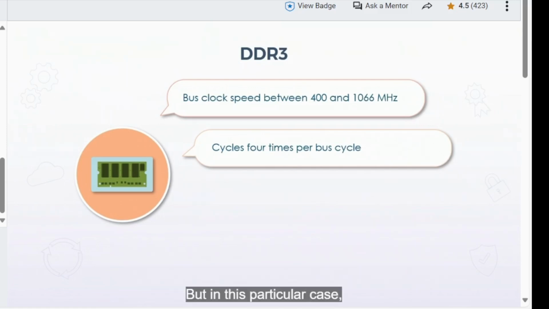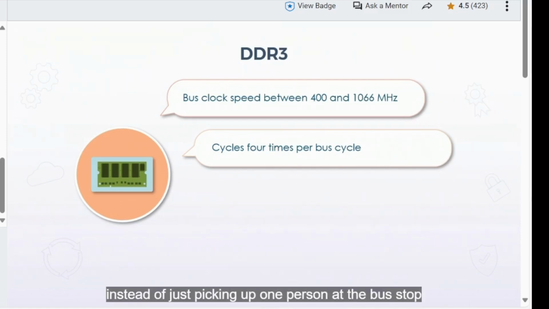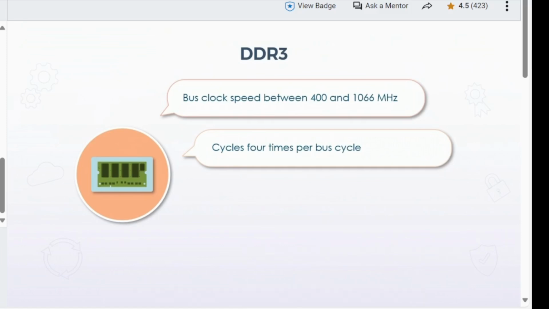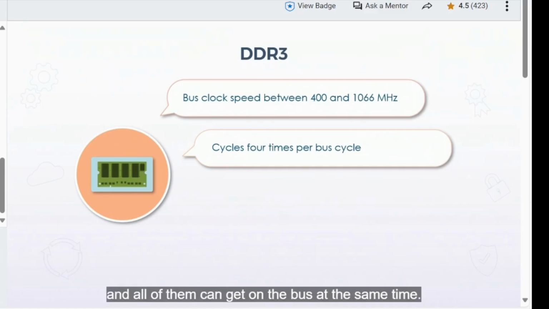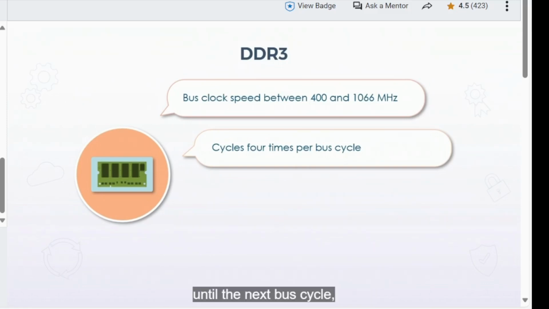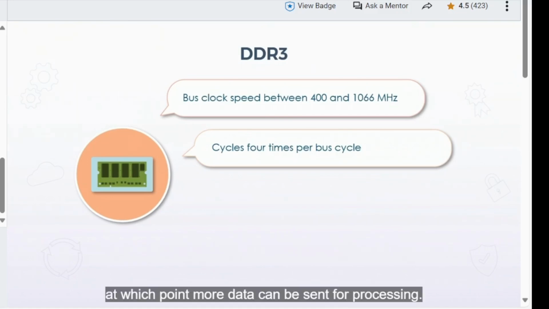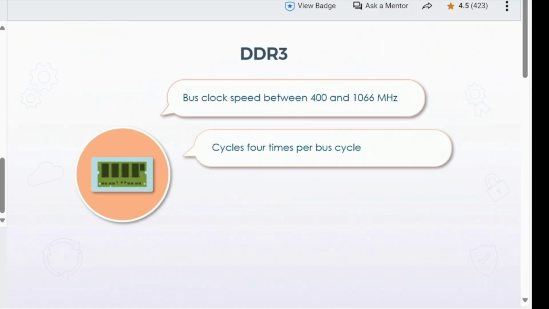But in this particular case, instead of just picking up one person at the bus stop, 4 people have gathered, and all of them can get on the bus at the same time. So, in short, the data being processed through the chip is just very briefly cached, if you will, like people waiting at the bus stop, until the next bus cycle, at which point more data can be sent for processing.